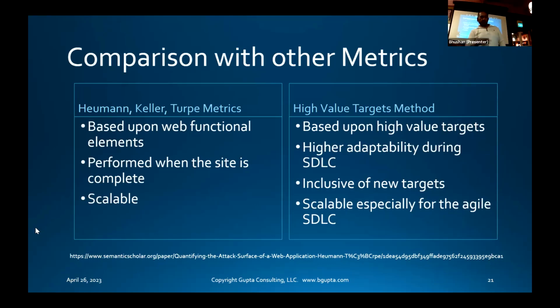If you look at these two, like I said, they're both scalable. The one by Herman is not really practical. You can use it during your development, but it's too cumbersome for development because it also looks at the norm.